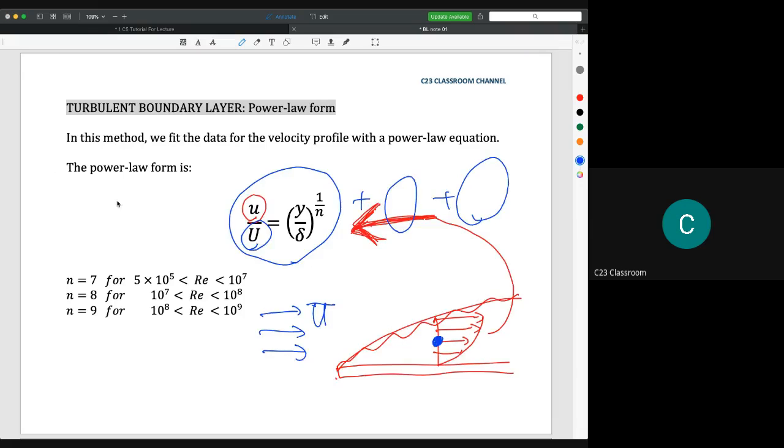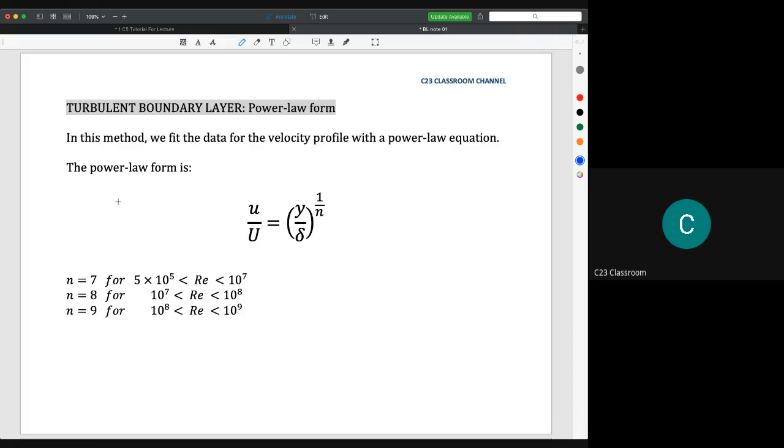Please do not confuse it with this one. So the velocity profile for the turbulent boundary layer is shown in these terms, 1 over n here. The value of n here actually depends on the free stream velocity.